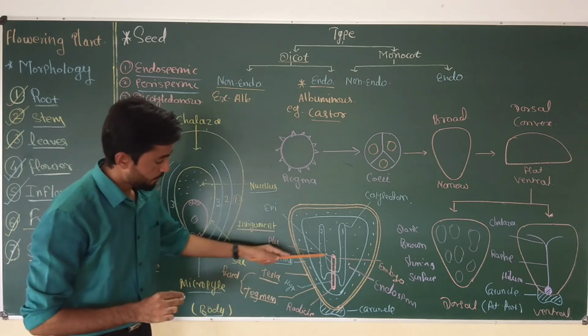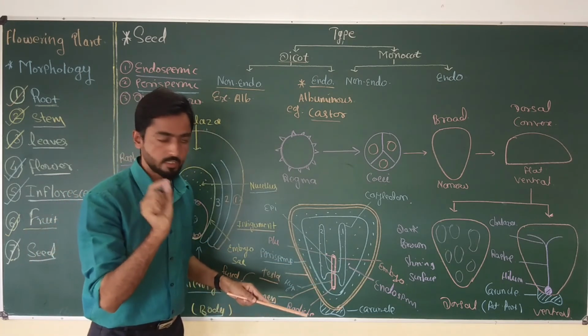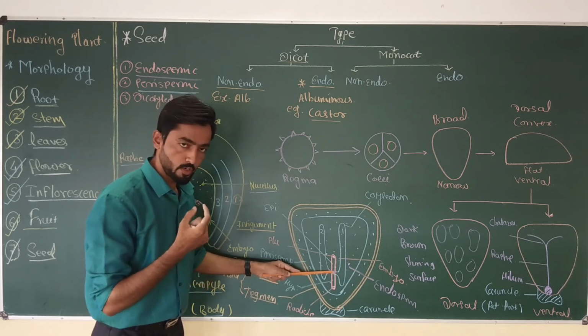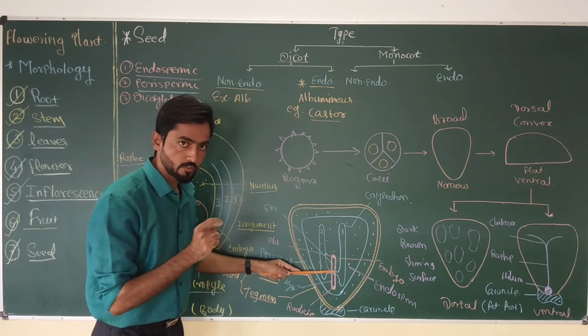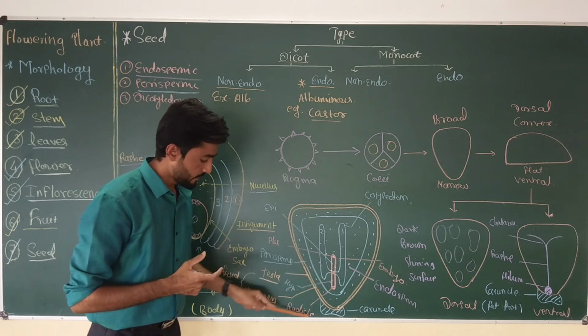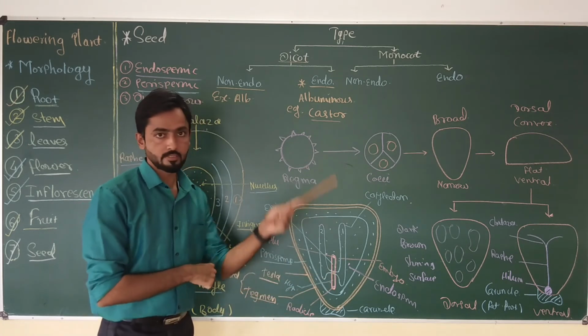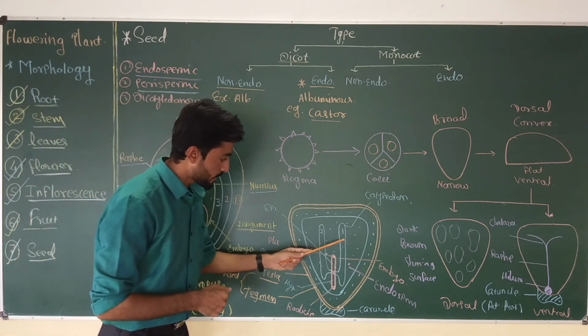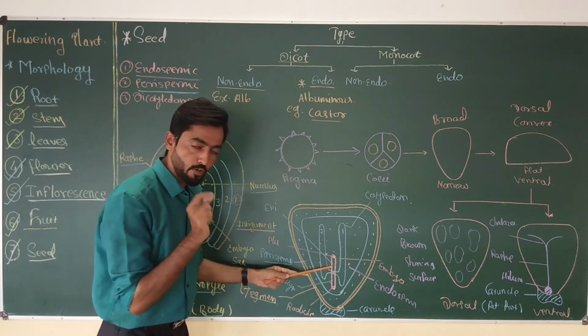So the embryonal axis shows 5 important regions. Number 1, plumule. Number 2, epicotyl. Number 3, embryonal node, the point where cotyledons are attached. Then hypo, or below, cotyl, and then radicle. So all these points can be easily observed on the embryonal axis. And now the two cotyledons are present attached to the embryonal axis.